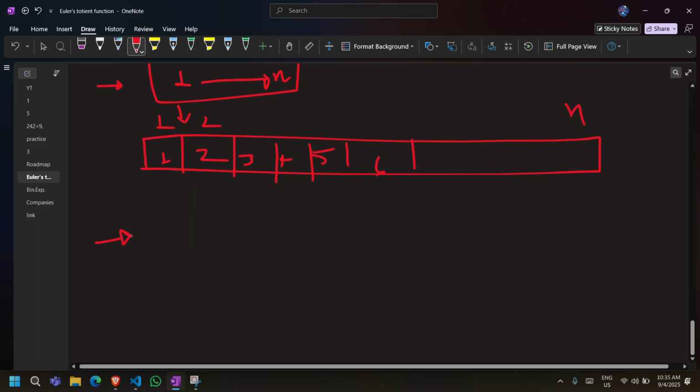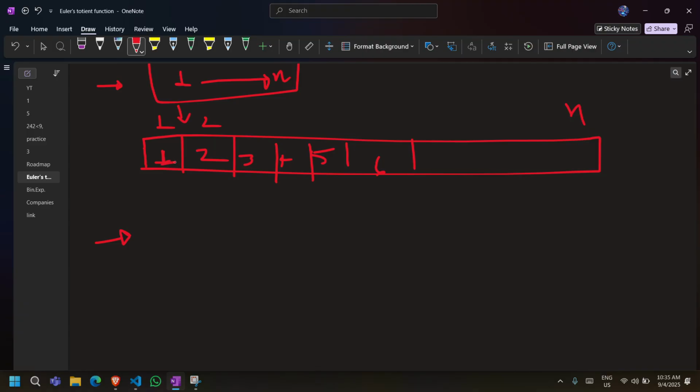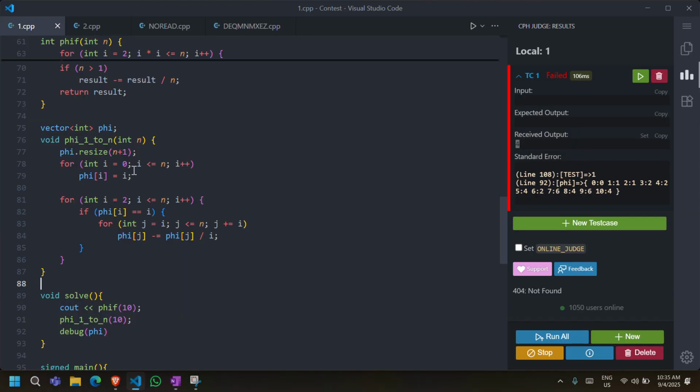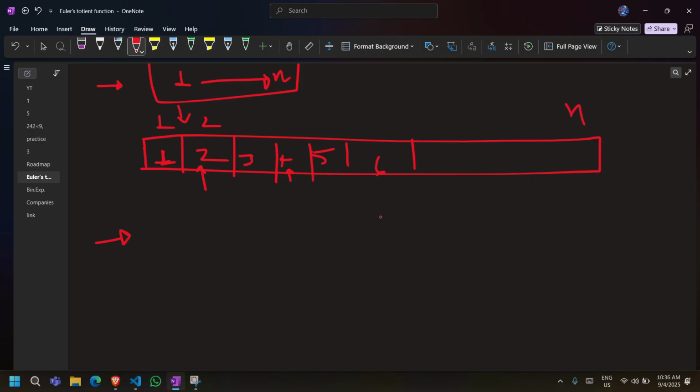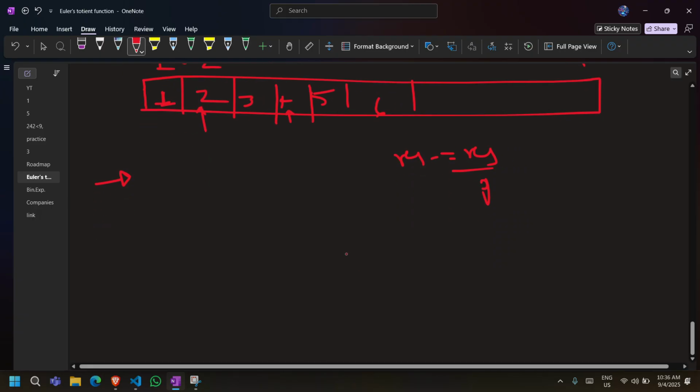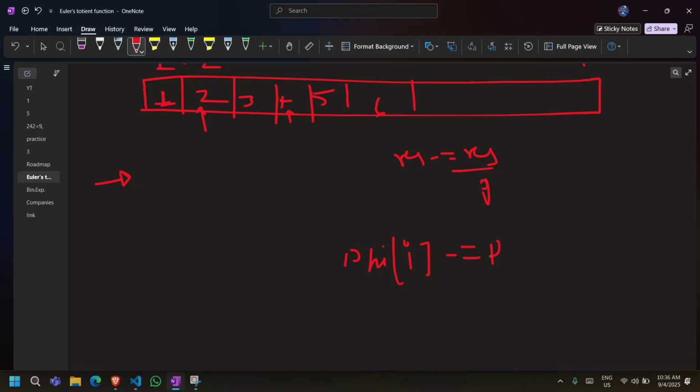Here I initialize phi with i, and now for all the prime numbers, 2 is a prime number, so I will iterate on the multiples of 2, and I will do phi of i minus equals phi of i by the current prime number p.